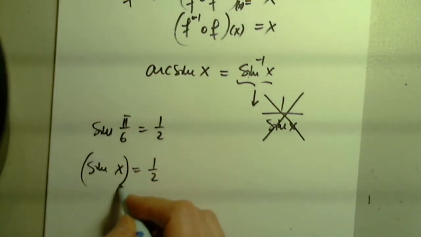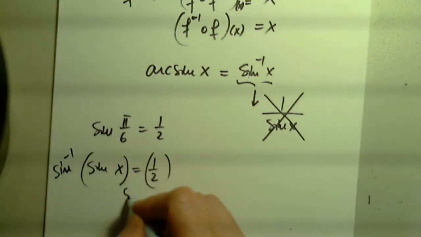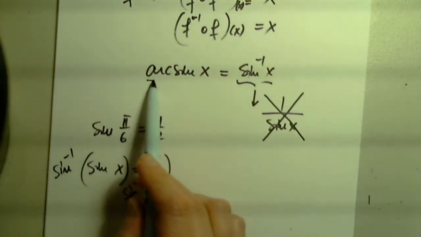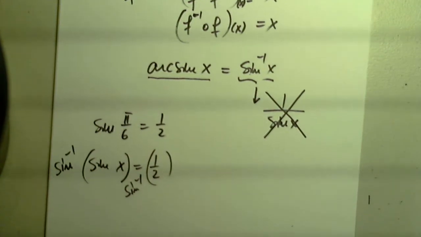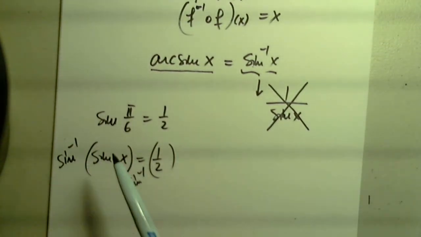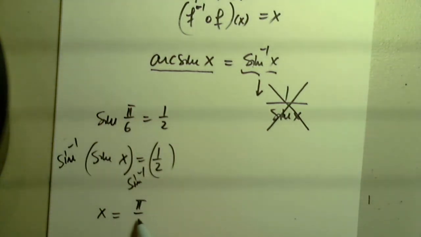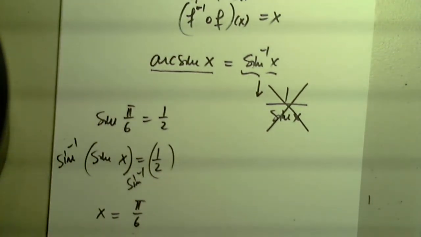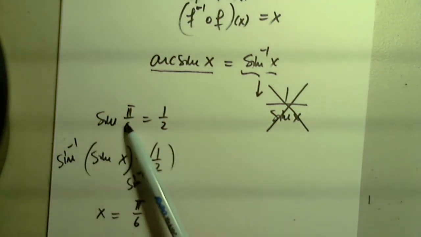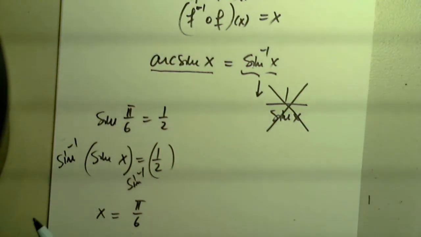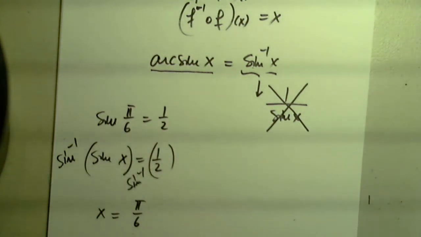I apply the inverse function to both sides, either written like this or as arc sine. Same thing. Sine inverse of sine will be x, and sine inverse of 1/2 will be pi over 6. So when we apply sine to an angle, we get a number. When we apply sine inverse to a number, we get the angle back.